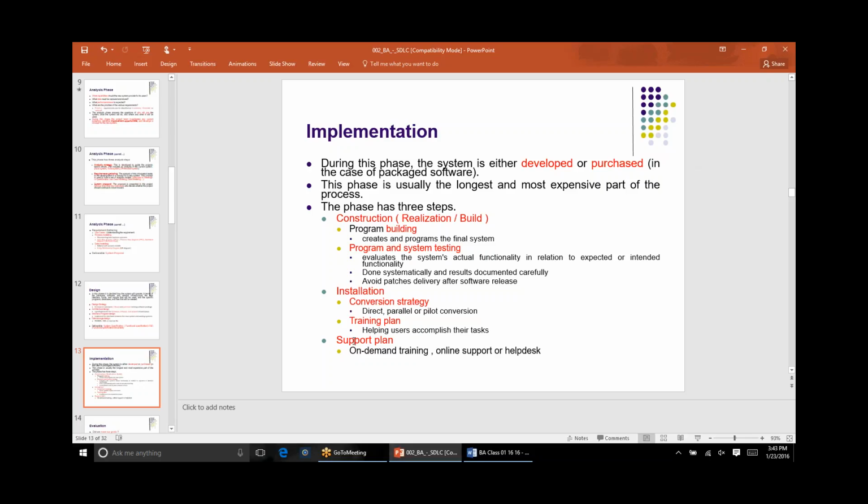Make a note of these 3 terms: construction, installation, and support plan.